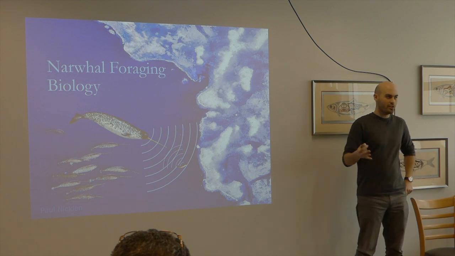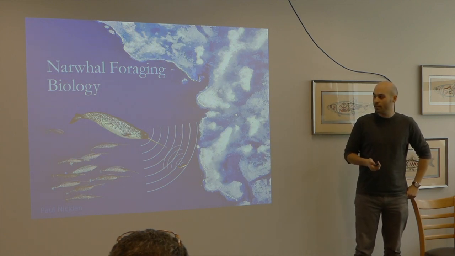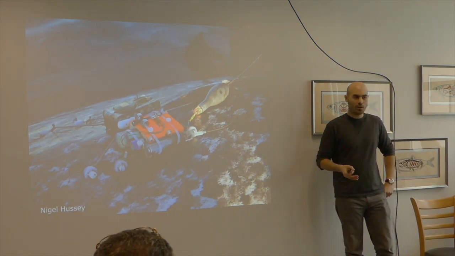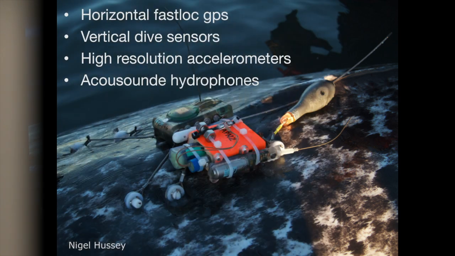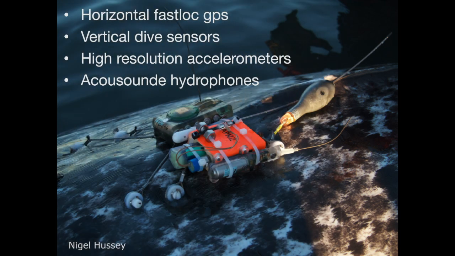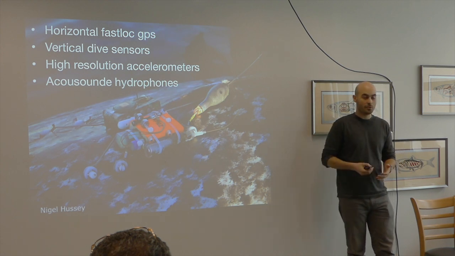So their foraging ecology would be different. To identify foraging in narwhals, we have narwhals tagged with a huge suite of biotags, including horizontal fast-lock GPS, vertical dive sensors, high-resolution triaxial accelerometers, and AcousoNd hydrophones.